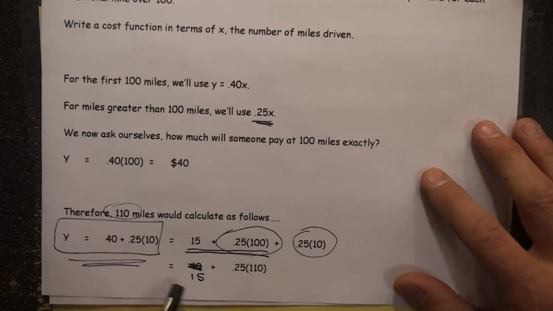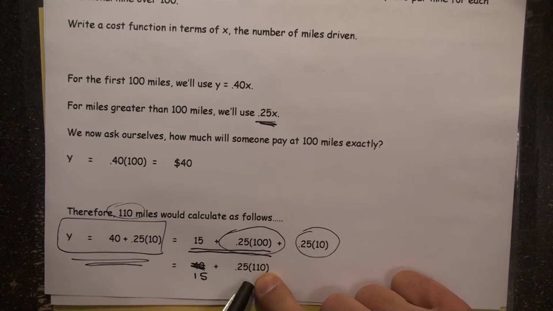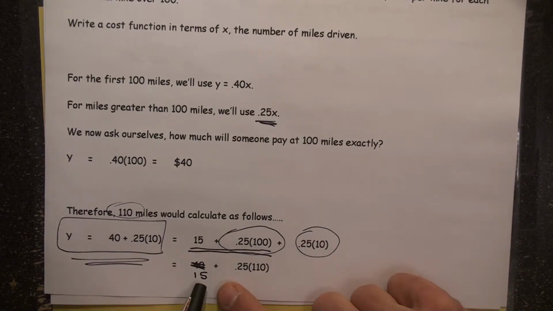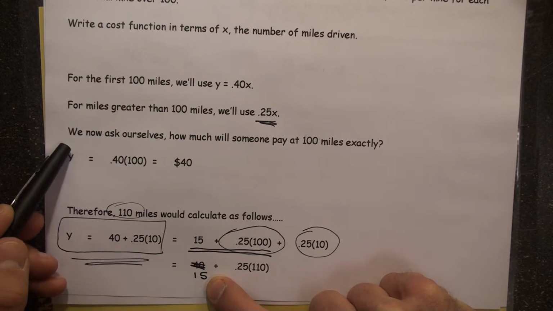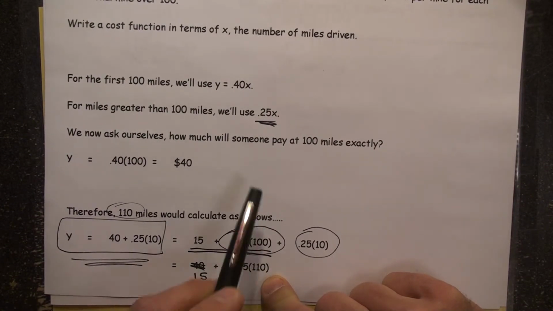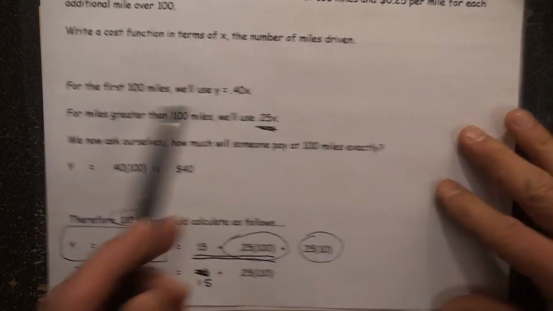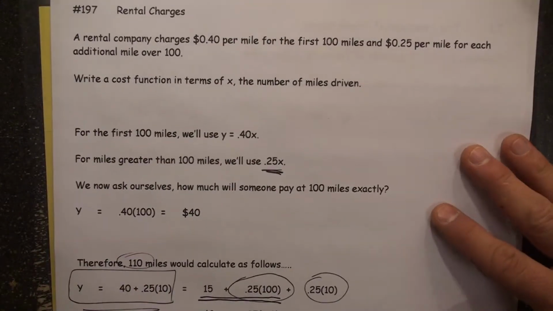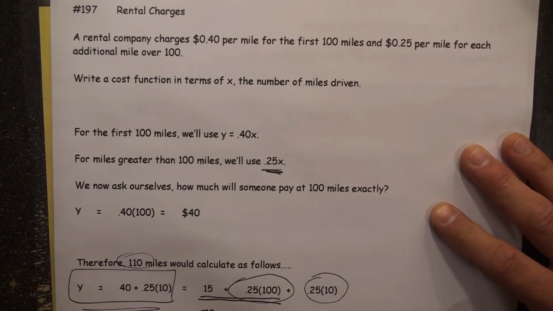So what we have here is this: you would add $15 from the first 100 miles, because we're going to plug all 110 in for X times the 25 cents. So then we would say that 15 plus 0.25 times X would be the second part of this.